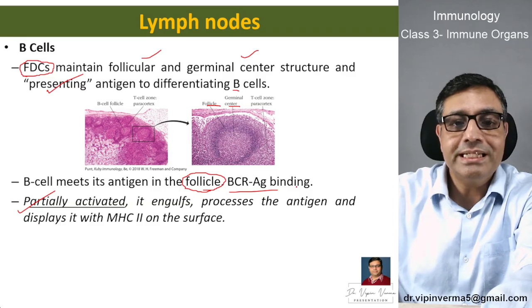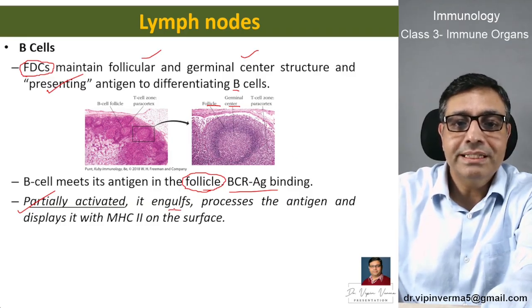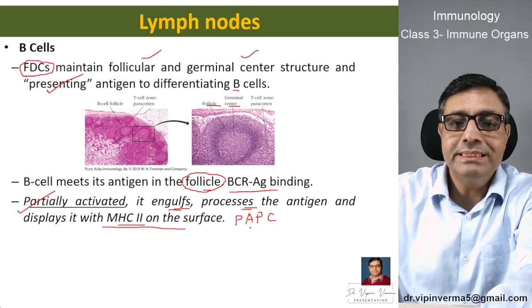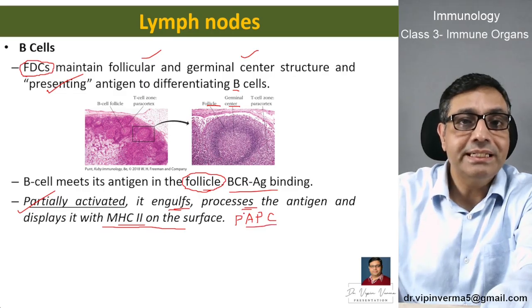This partially activated B cell will engulf the antigen, process it, and display it with MHC class 2 molecules on the surface, because you know that B cells are also professional antigen presenting cells, as we saw in the last class.